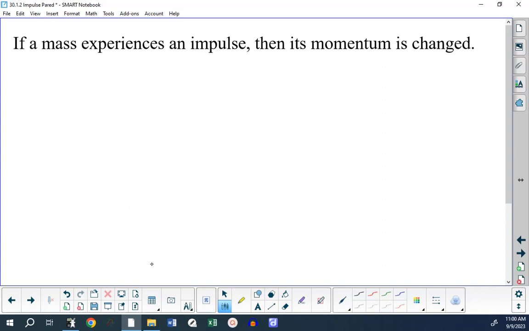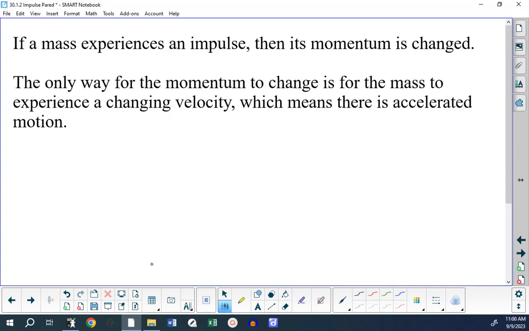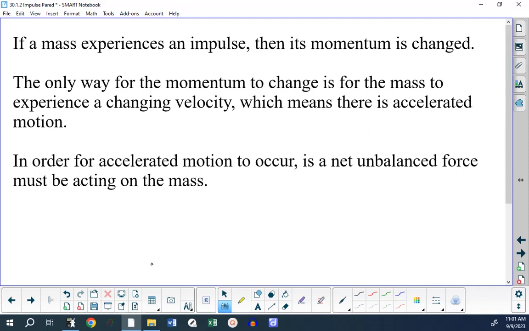If a mass experiences an impulse, then by definition, it has to have a change in momentum. And the only way for the momentum to change is if the velocity changes, because momentum is connected to velocity. In Physics 20, in Science 10, and in Physics 30, we are expected to know that a changing velocity is an acceleration.